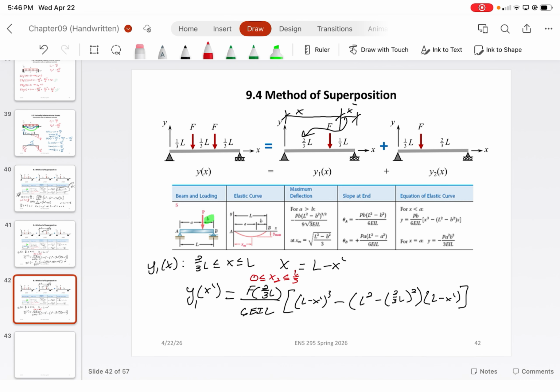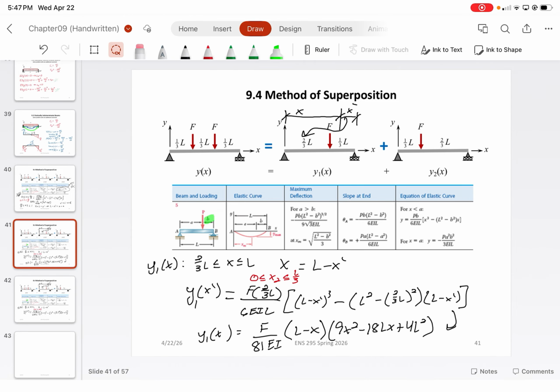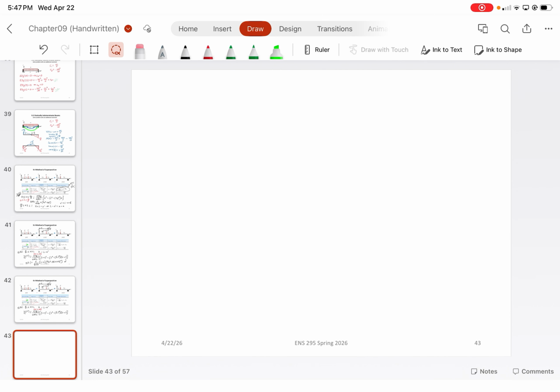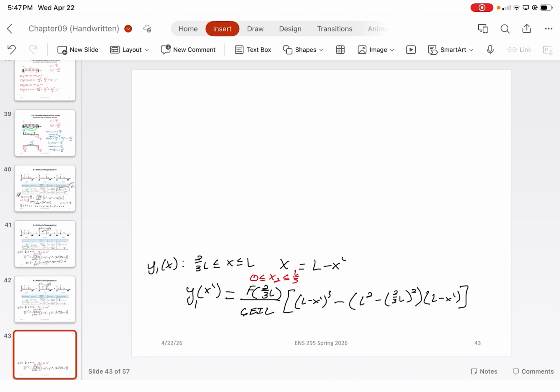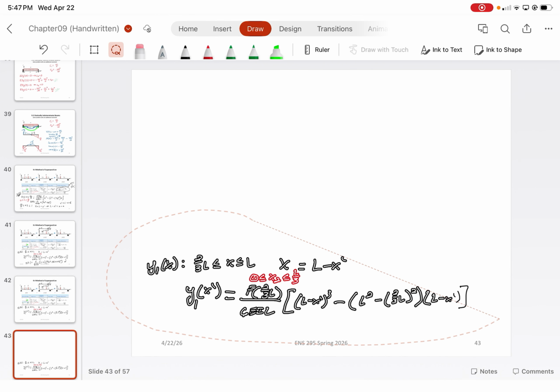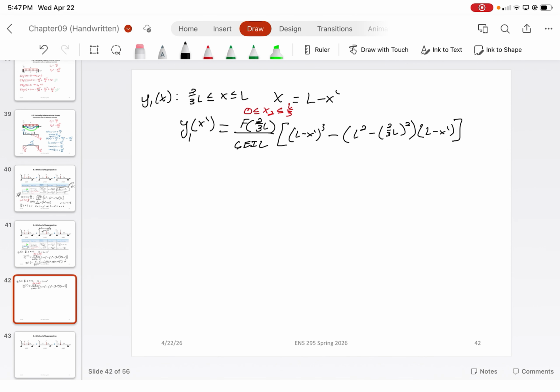And then let me grab this. Copy. Paste. And then grab this whole thing, and then I'll just cut that. All right, so that's the equation.